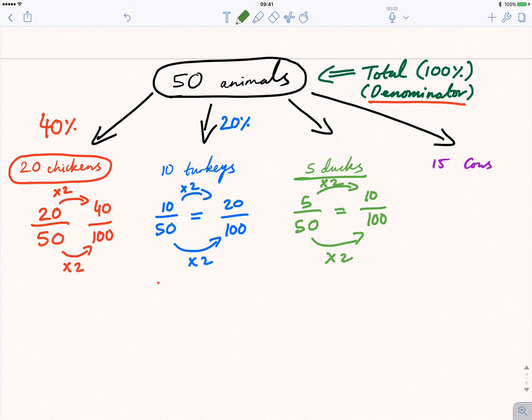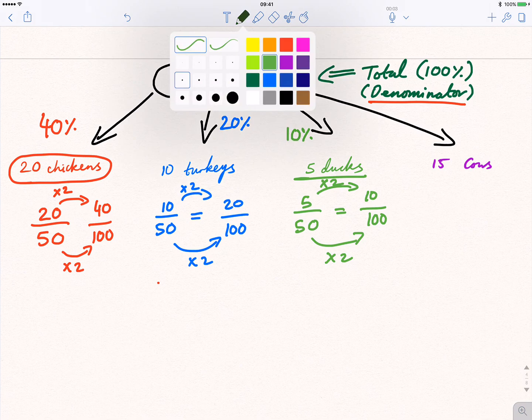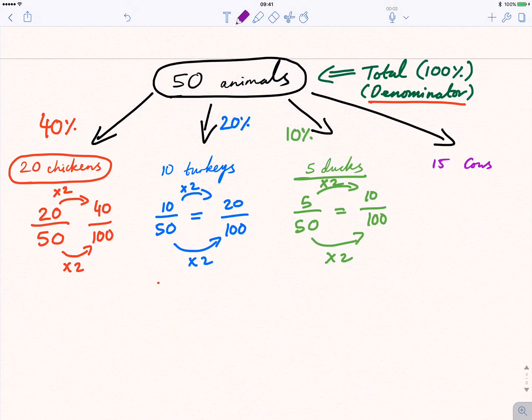So that's clearly 10%. And last but not least, the cows, 15 out of 50, which is just 30 out of 100. I multiplied the numerator and the denominator by 2. So that's 30%.